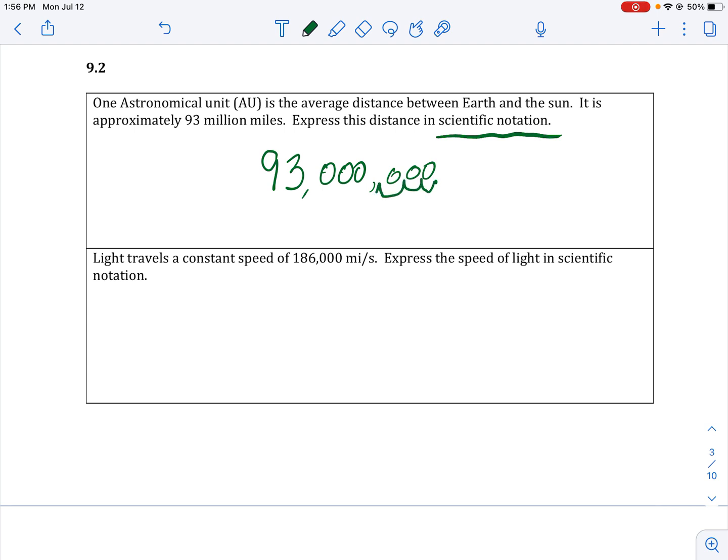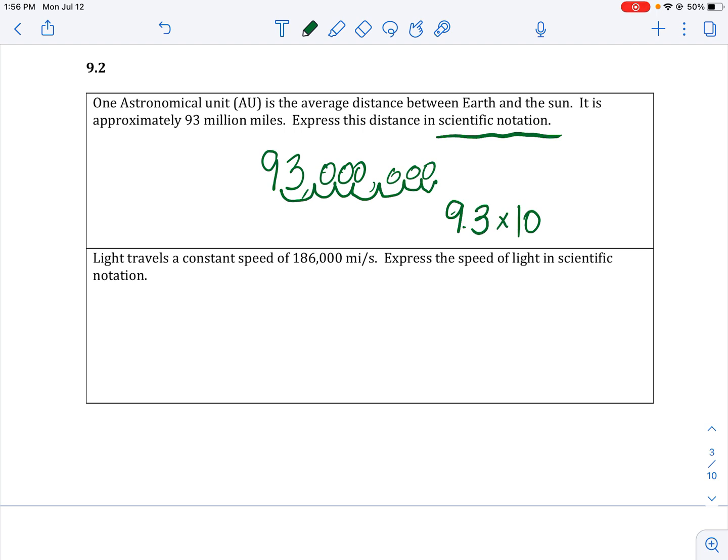1, 2, 3, 4, 5, 6, 7. It took 7 jumps to get to where that term is between 1 and 10 with 9.3. And it's always times 10. Now comes the exponent.